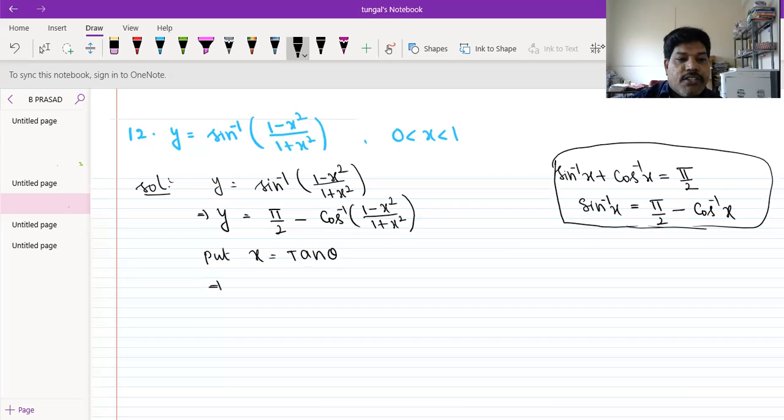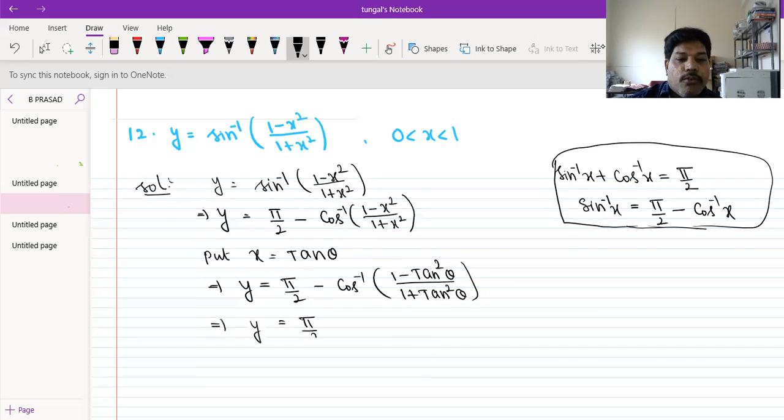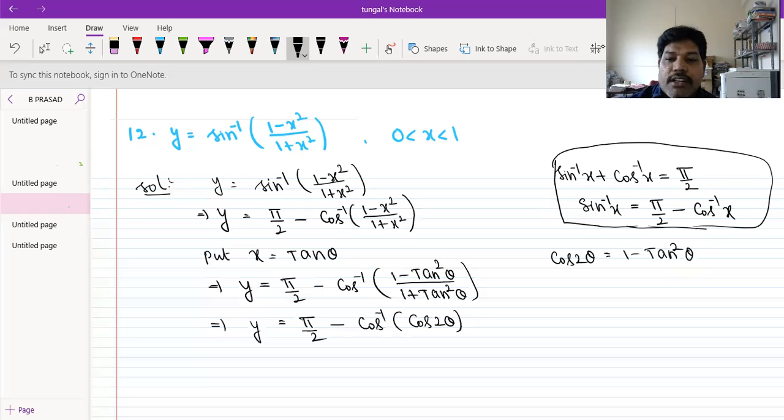Then y is equal to pi by 2 minus cos inverse of (1 minus tan square theta) by (1 plus tan square theta). Here, already I have given that formula: (1 minus tan square theta) by (1 plus tan square theta) is nothing but cos 2 theta.